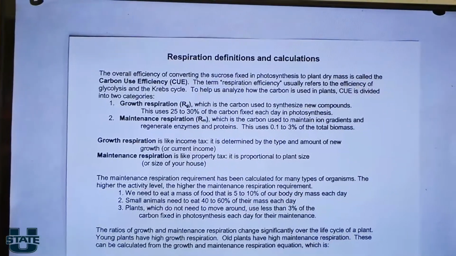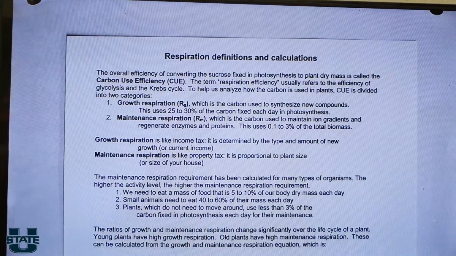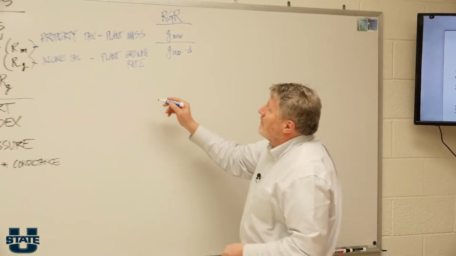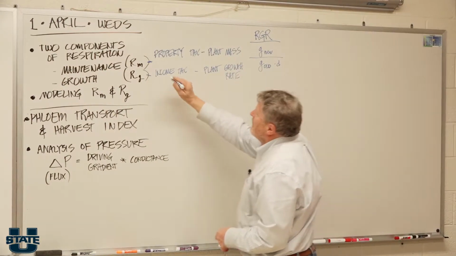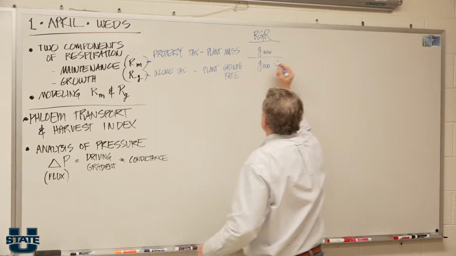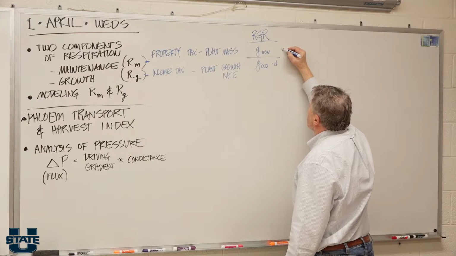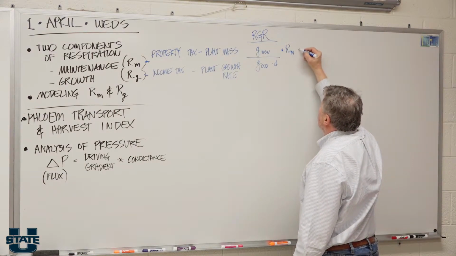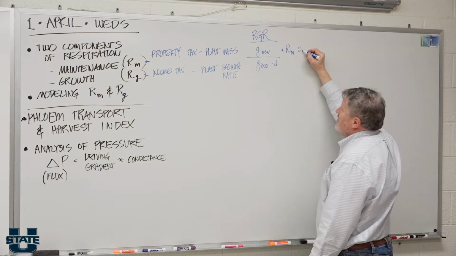It helps to look up typical values for these. I already put plant maintenance respiration. Let's see, let's put it right here. This is times respiration maintenance, and it can be really tiny.